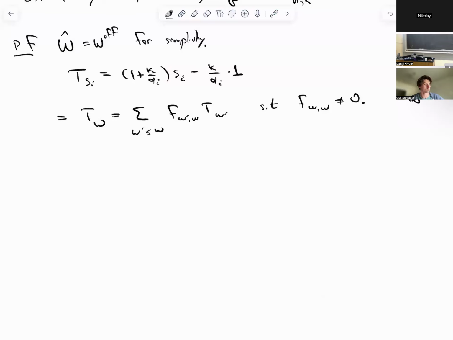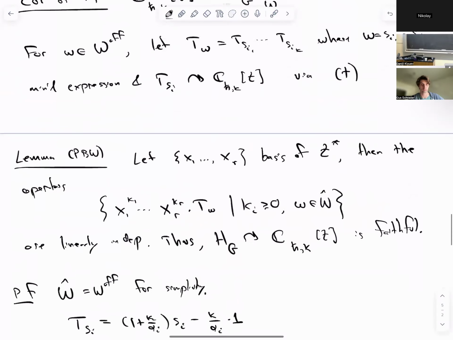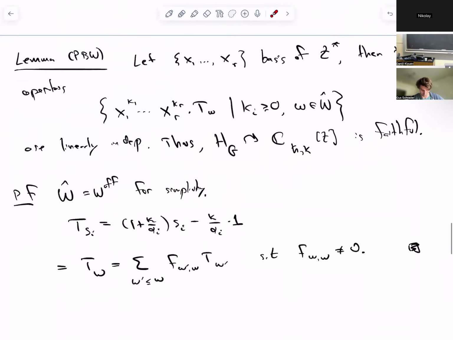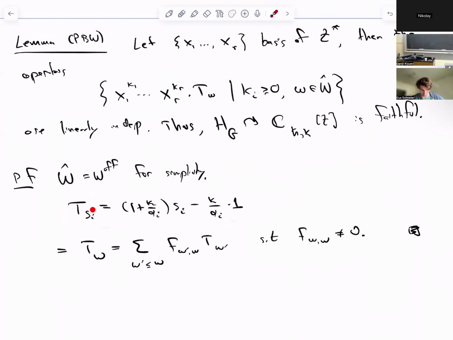So T on the right, I think it can't be true because, no, sorry, you're writing T_{S_i} as a sum of S_i and 1, a linear combination of those. T means twisted action, but on the right you're writing it as untwisted action.